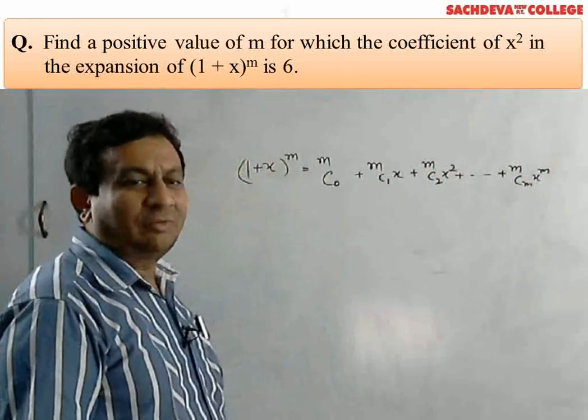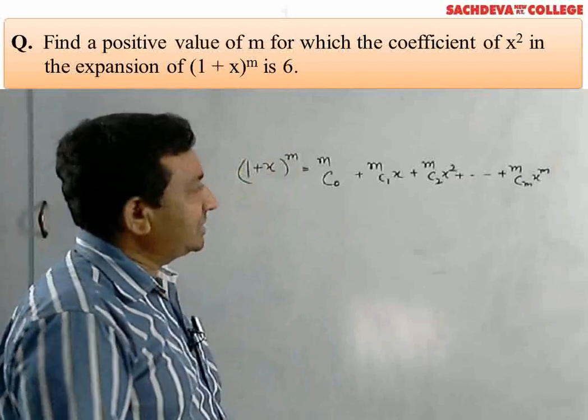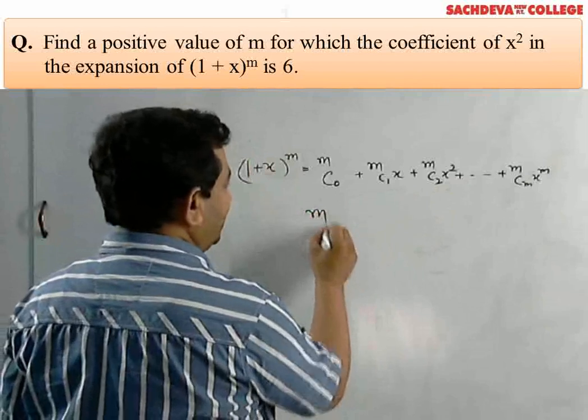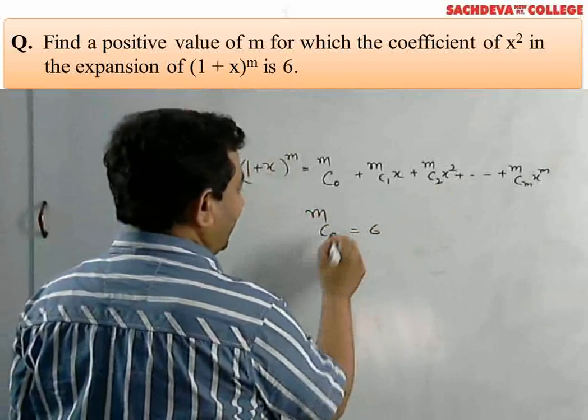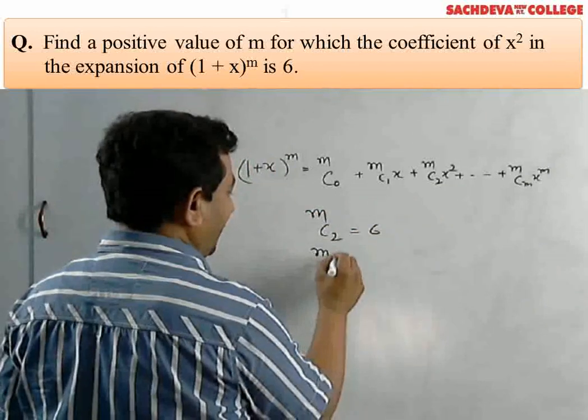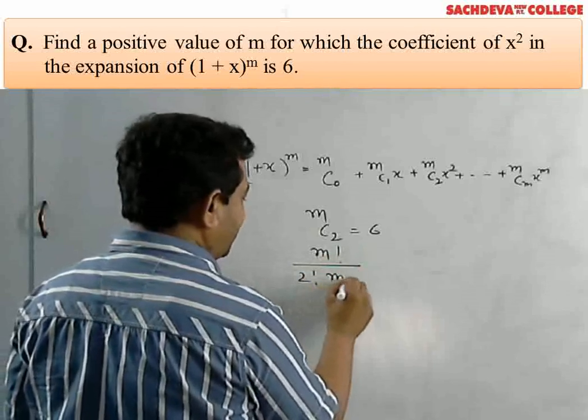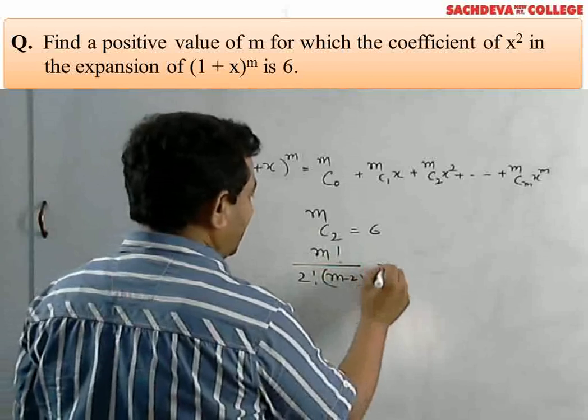But given that the coefficient of x square in this expansion is 6, the coefficient of x square is mC2 here, it means mC2 will be equal to 6, and mC2 will be factorial m upon factorial 2 into factorial m minus 2 equal to 6.